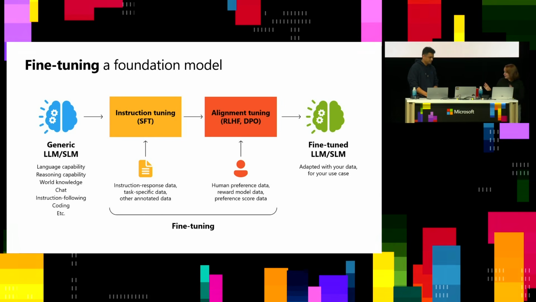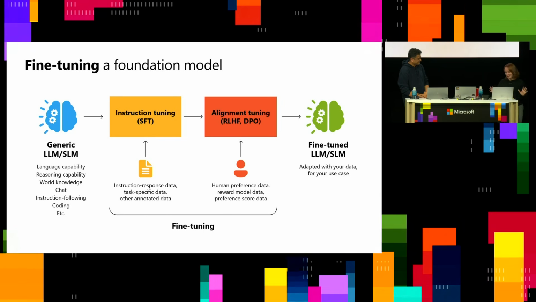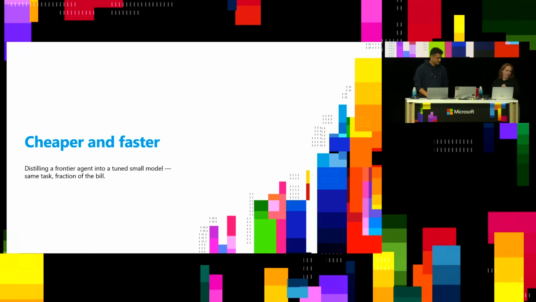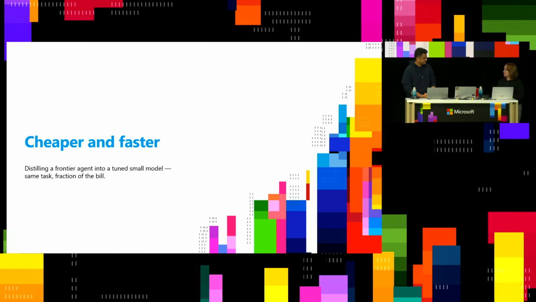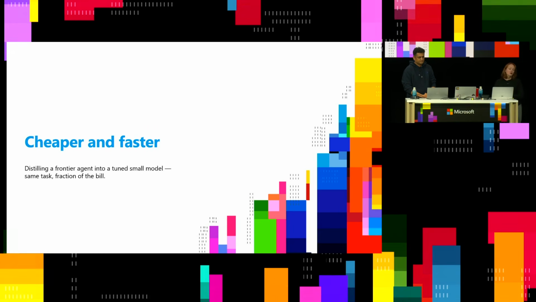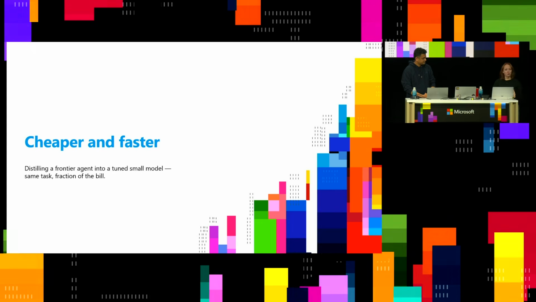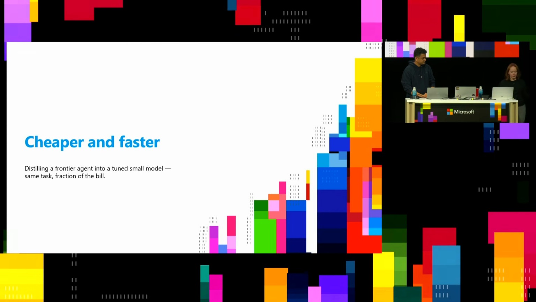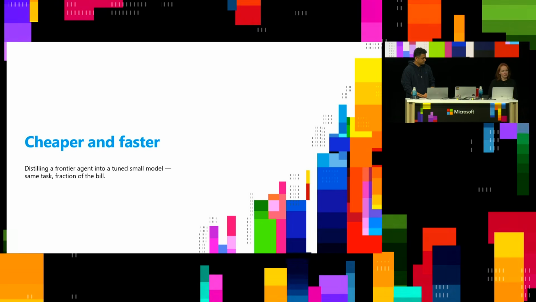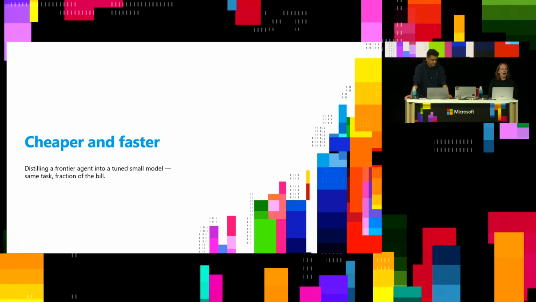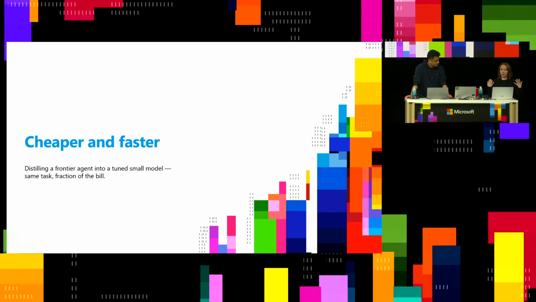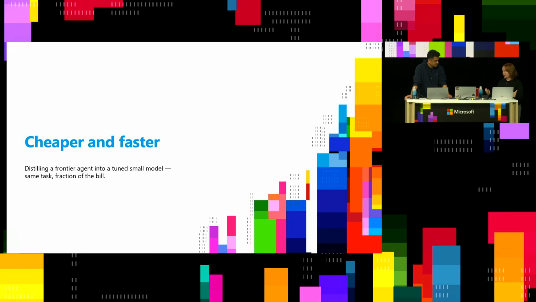With that, we've given you the crash course in fine-tuning, and we're going to get to the first demo, which is, I'm sure, what you all care about. Point 1 is we're going to do cheaper and faster. A really common technique in model customization and fine-tuning is distillation. This is where you take a large smart model like GPT-5.5, capture its traffic, and use that as your training data.